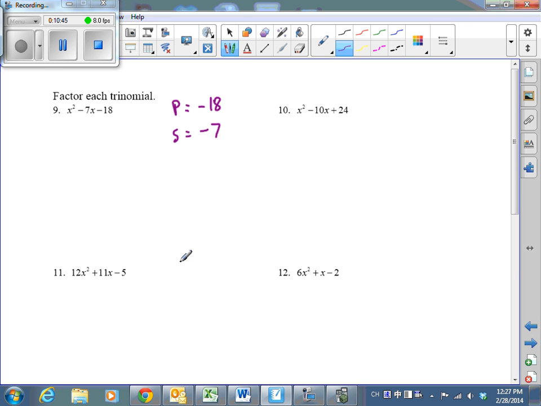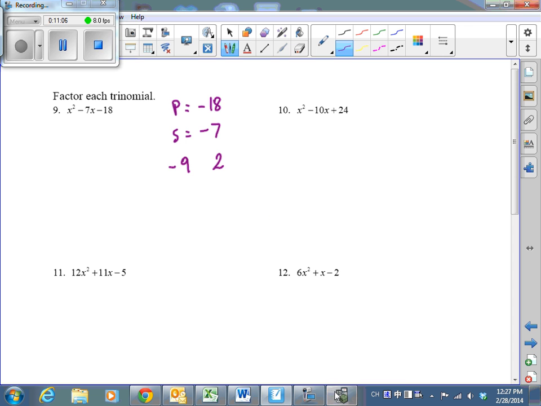Negative 2 and 9. What's negative 2 times 9? What's negative 2 plus 9? Positive 7. So you want negative 9 and positive 2. So the two numbers are negative 9 and positive 2.